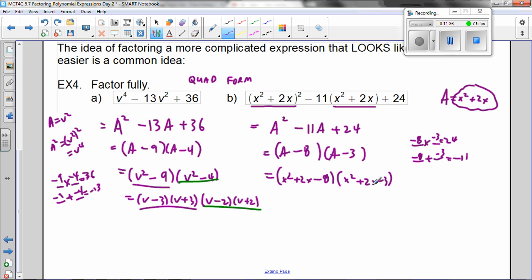And now I've just factored two quadratics. And those each are their own number puzzle, right? Multiply to get negative 8, add to get positive 2: 4 and negative 2 work, yep. So this is x plus 4 and x minus 2.